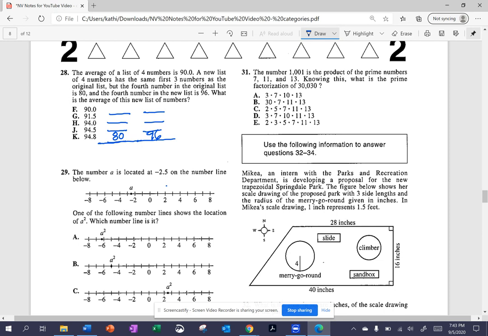So the average of the first list is 90. So if I know I have 4 numbers times 90, I have a total of 360. So if I add this first list, I know I have a total of 360.